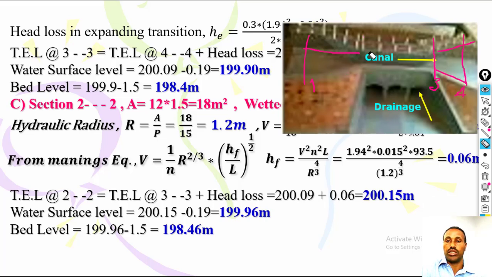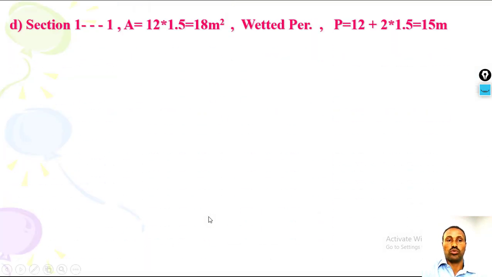Once you compute these elevations, we are just designing the canal; the drainage compartments we have fixed so far. Now let's go to section 1-1, the first one. Section 1-1 is just, you can see, 12 times 1.5, 18 square meters. Then the wetted perimeter, since it is a rectangular section, when you come from the downstream end, is bed width plus 2 times y, 15 meters.